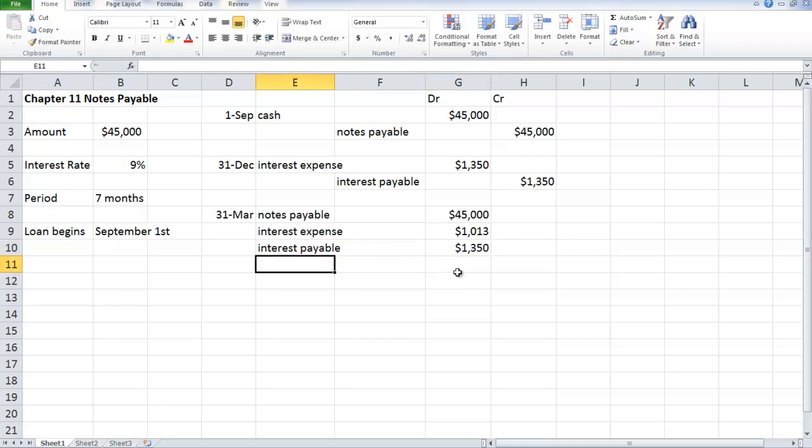And then we need to credit cash for the entire amount of the loan plus the interest, that's the interest expense and the interest payable. So the total amount due is $47,363. And that concludes the calculation of a notes payable.